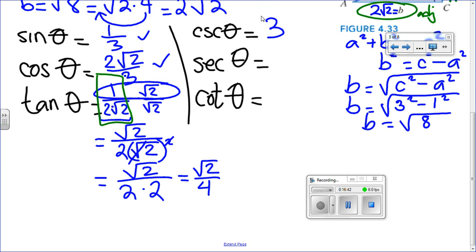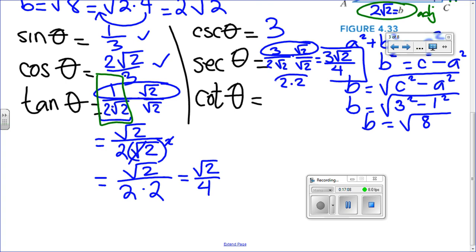Even: 3 times square root of 2 over 4. Now let's show everybody how you got that. You started by putting the 3 over the 2 square root of 2, and then multiplied by the square root of 2, top and bottom. And then you had 2 times 2, so you got 4. Very nice.